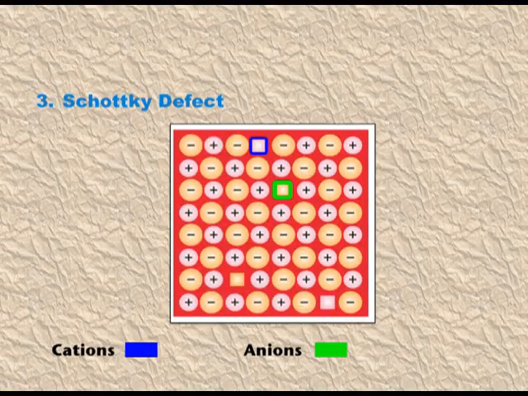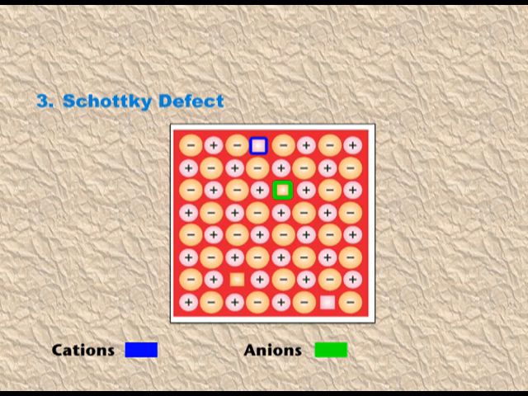This missing of the anion and the cation in equal number from the crystal is known as Schottky defect. Since the cation and anion are missing from the crystal, this defect decreases the density of the crystal. Usually, the cations and anions in such a defect are of equal size.